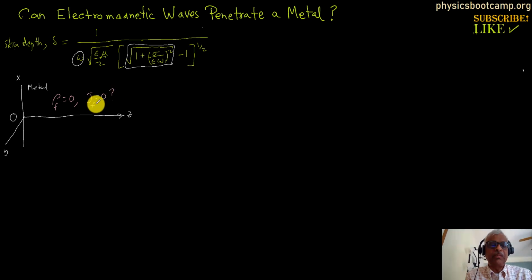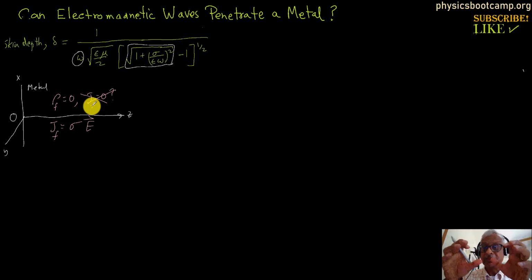That would be the case if this was not a metal. So J_F will be equal to sigma times whatever the electric field is. Whenever there is an electric field, because there are free electrons which can flow with even the smallest amount of electric field, it's going to flow. So that's why you're going to have a flowing current.